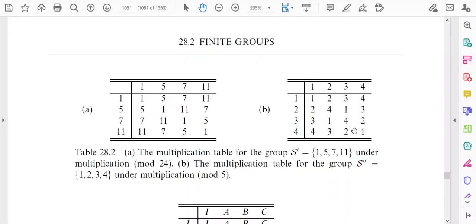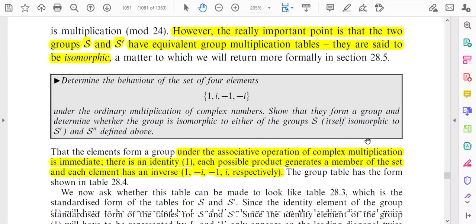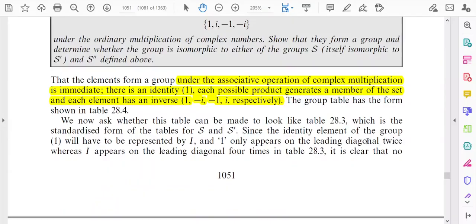However, if we compare the multiplication table with the multiplication table of S prime, it can be seen that in the multiplication table of S prime, in the leading diagonal all are not identity elements, but the identity element 1 appears twice. So in this respect there is one similarity, that in the group multiplication table of S double prime, the identity element 1 appears twice. So this is the only similarity that we can say.